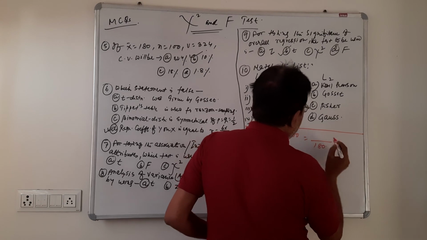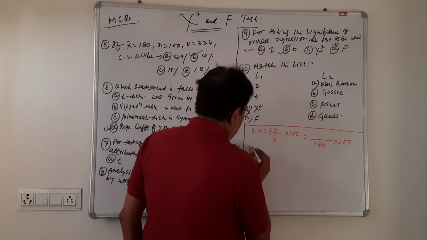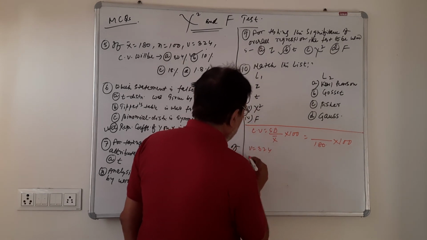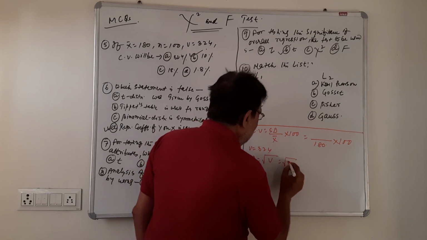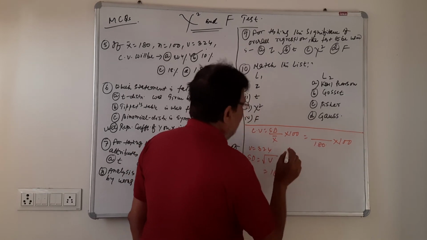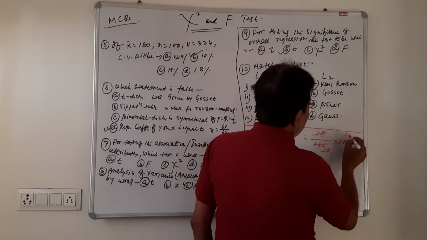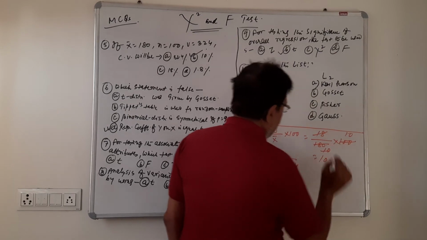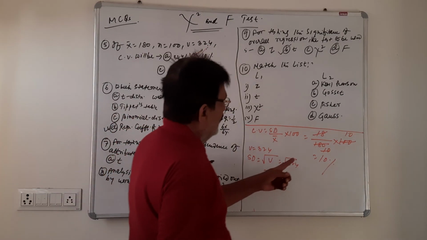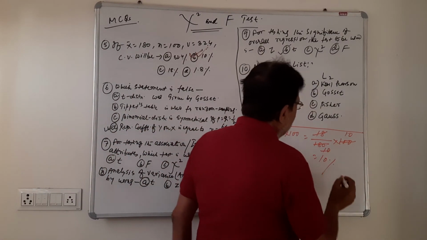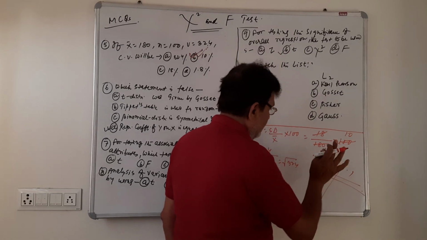Here the mean is 180, and the variance is given as 324, hence SD is the square root of variance, that is root 324, that is 18. So it would come 18 by 180 into 100, that is 10%. So 10% would be the answer. And if we don't consider the 100, then the answer could be written as 0.1, that is 1 by 10. That will be the answer.